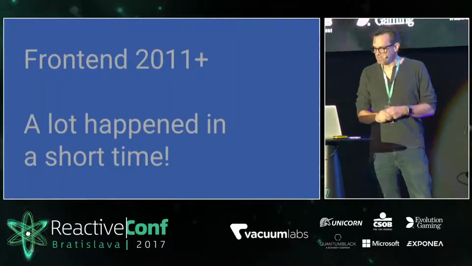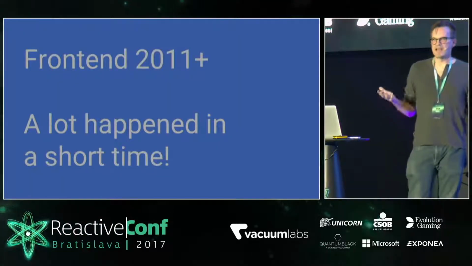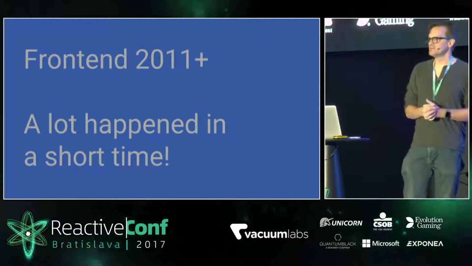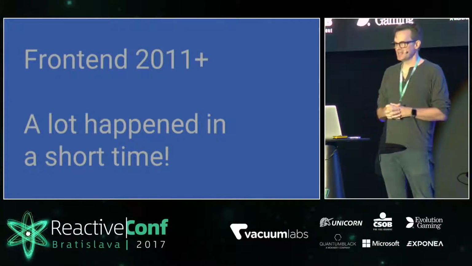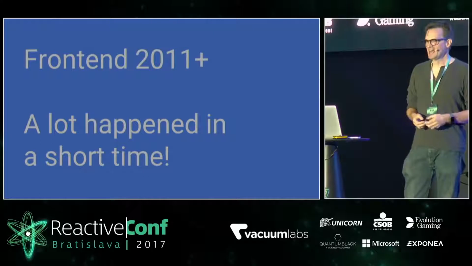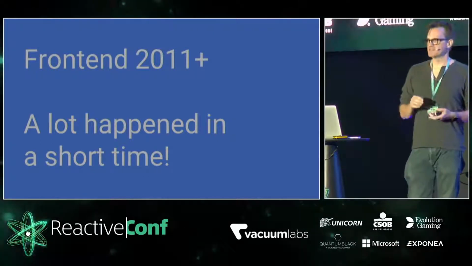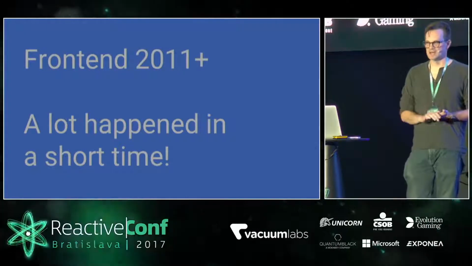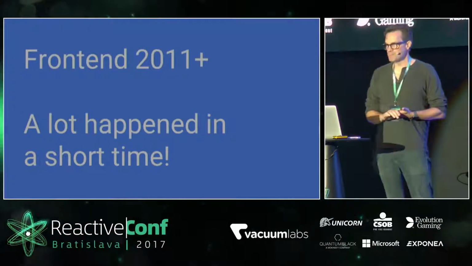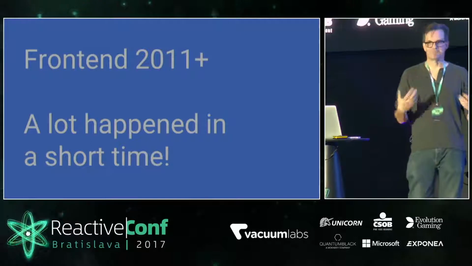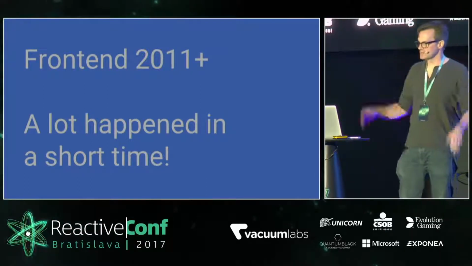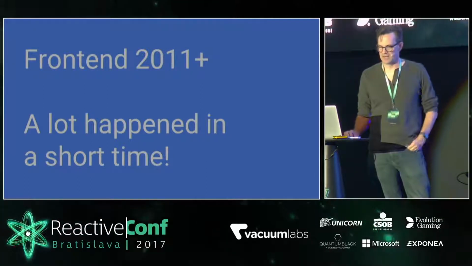So I kind of missed out on what had happened in the front end after 2011 when my kid was born, and I came back in, and it's like, wow, all this stuff has happened in such a short time. Not only do you have things like web components and service workers, but also Webpack and Babel, and there's just an explosion of technologies to look at.